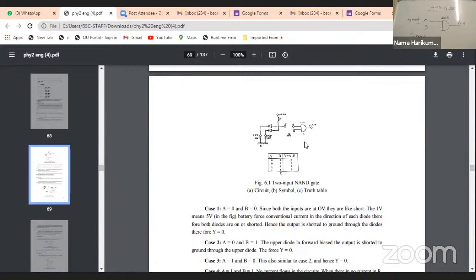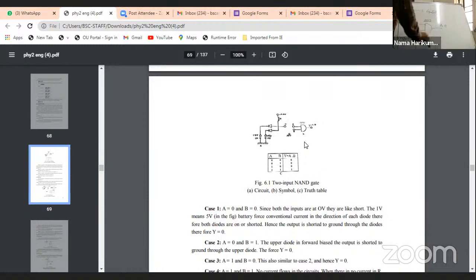So next one is the physical diagram of our AND gate. This is a battery with positive and negative terminals.